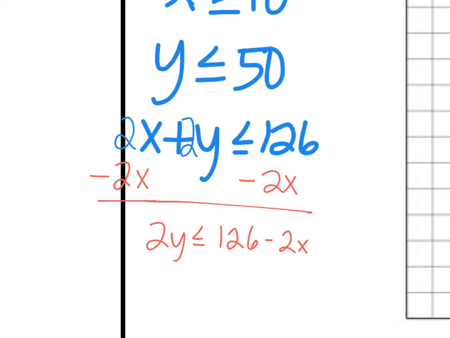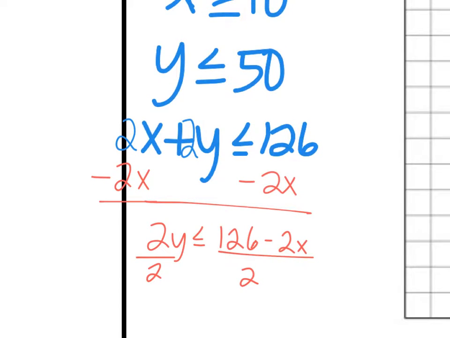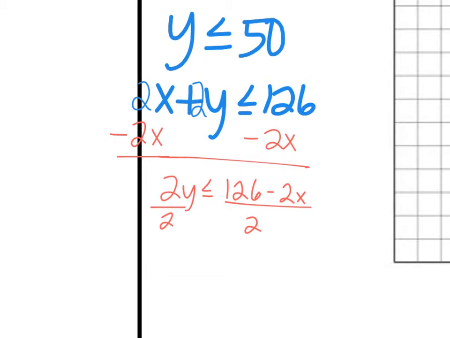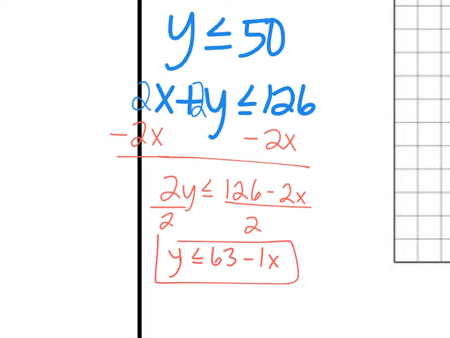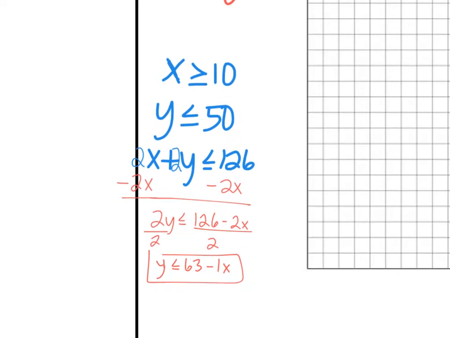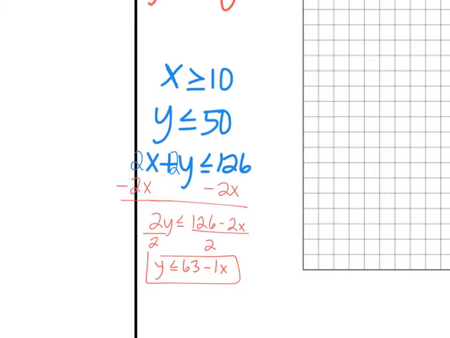And then divide by what's in front of y. So that would be y is less than or equal to 63 minus 1x. So you have 1, 2, 3 inequalities that you have to graph.